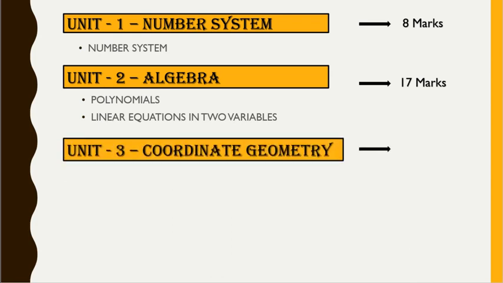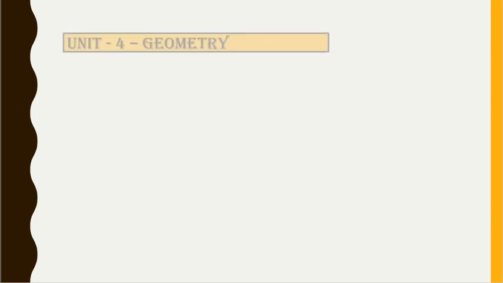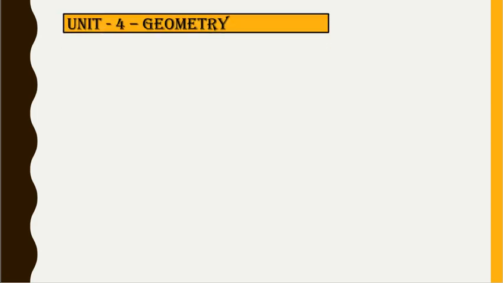This carries 4 marks. Under this unit, you have got only one chapter called coordinate geometry, and it is the third chapter. Now, moving on to the fourth unit called geometry, which carries 28 marks and has got 7 chapters.